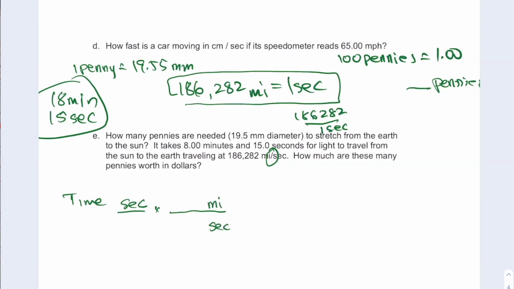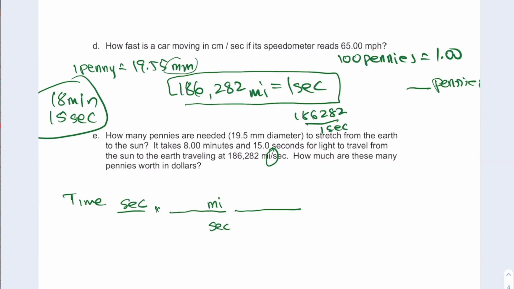I'm just going to put the units, because that's the magic of dimensional analysis. You let the units walk you through the problem. Now you can see that we have no miles in our data, but you know that miles is a length and millimeters is a length. So somehow we're going to have to take miles into millimeters.